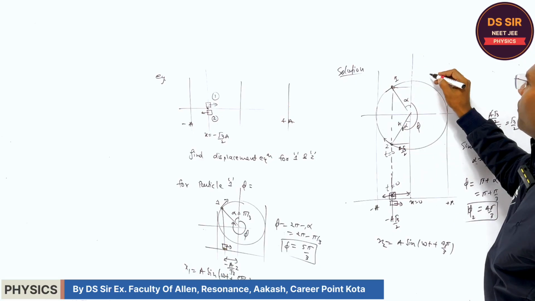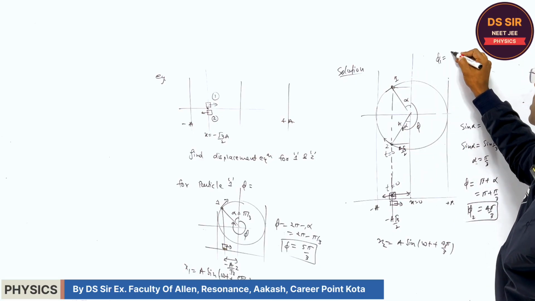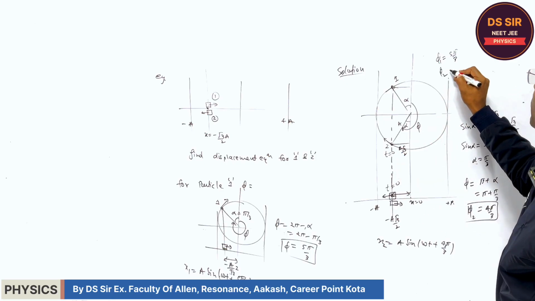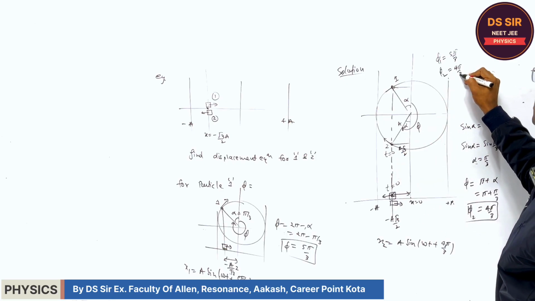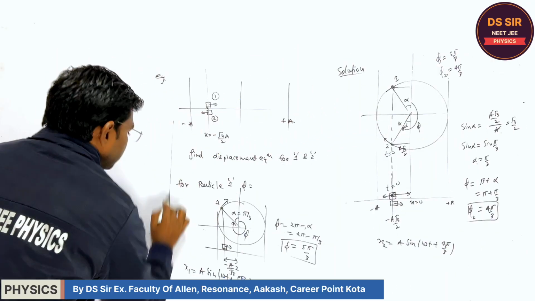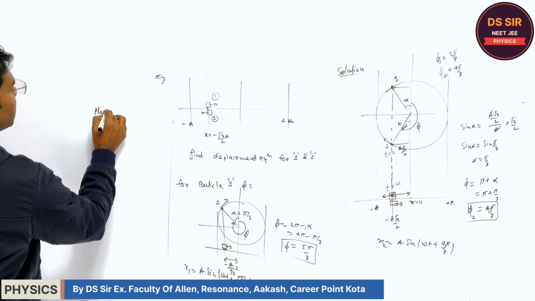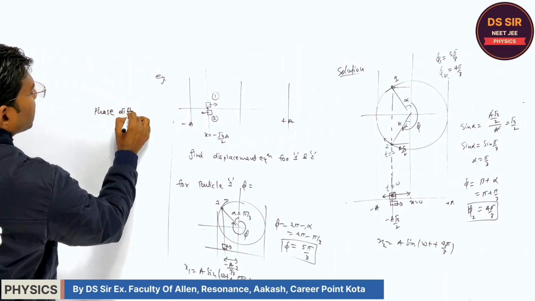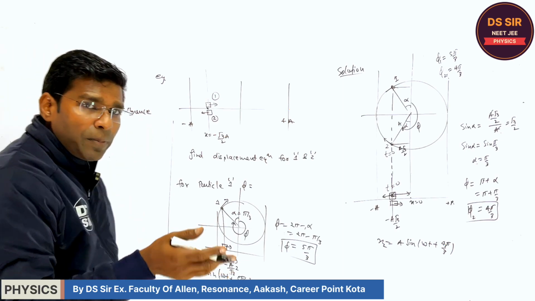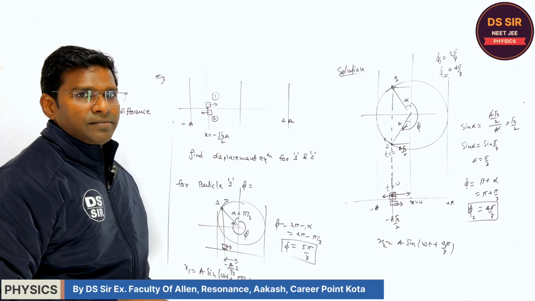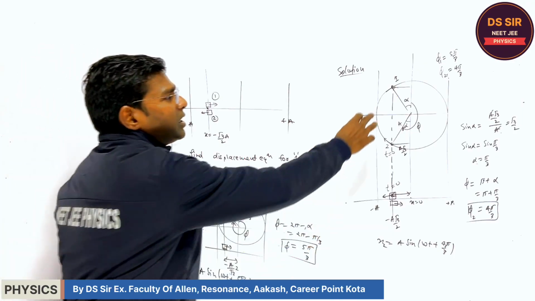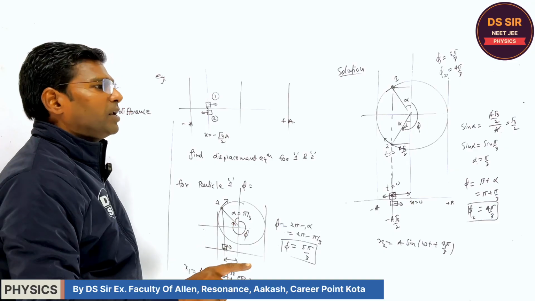So for this, phi 1 is 5 pi by 3, and for the other, phi 2 is 4 pi by 3. So what is the phase difference? Which particle has more phase, particle 1 or 2? Particle 1.